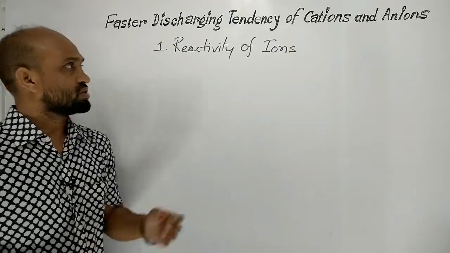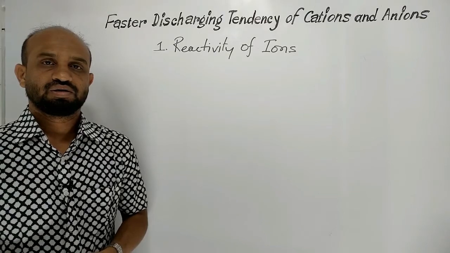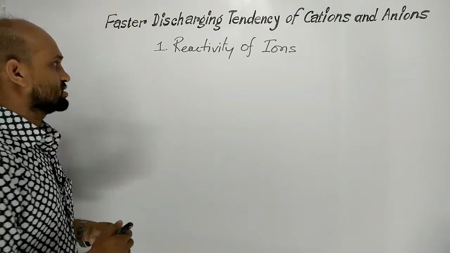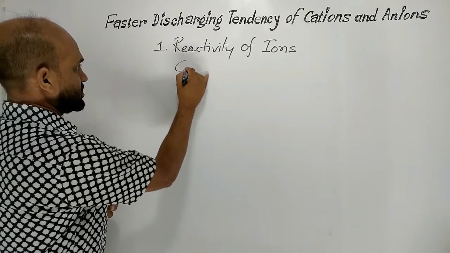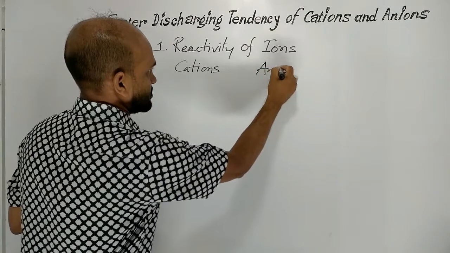First factor is reactivity of ions. Let's see reactivity of ions in electrochemical series, cations and here anions.